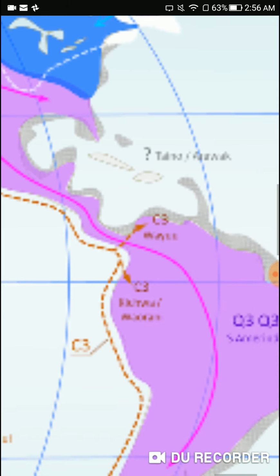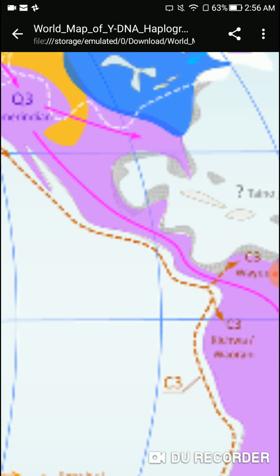Your R1 would be in a little pocket in the northeast region of Northern America. And then a majority of the remaining grouping of Native American people would be under Q3.